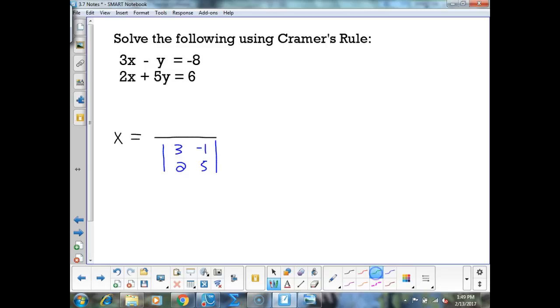On top, in the numerator, I'm going to take the 3 and the 2, and replace them with -8 and 6, leaving the -1 and 5 where they are.